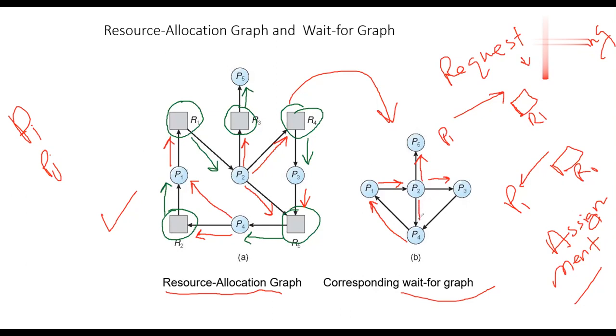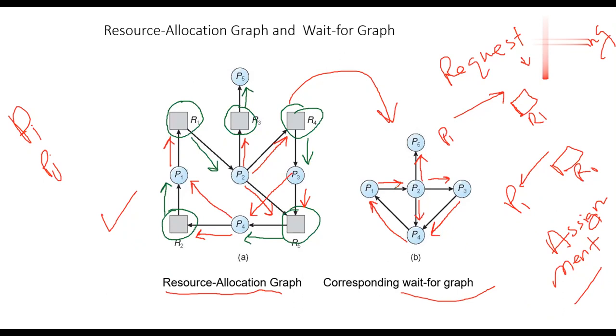So it's also waiting for that. We know this, that we all draw. Who is P3 waiting for? P3 is waiting for P4. Why? Because R5 is held by P4 and P3 is waiting for P4 to release R5 so that I can hold it. So that's why.